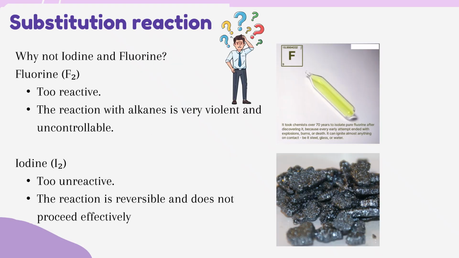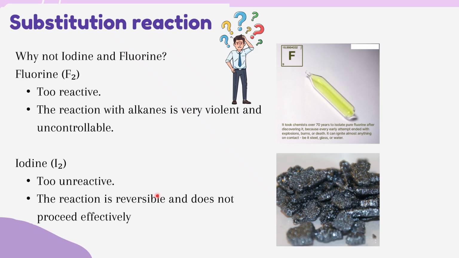Now the question arises: why are we not using fluorine and iodine? Well, the reason is very simple. Fluorine is too reactive, whereas iodine is very unreactive. Since fluorine is highly reactive, it undergoes a violent reaction and it is very difficult to control. Secondly, in case of iodine, the reaction is reversible.